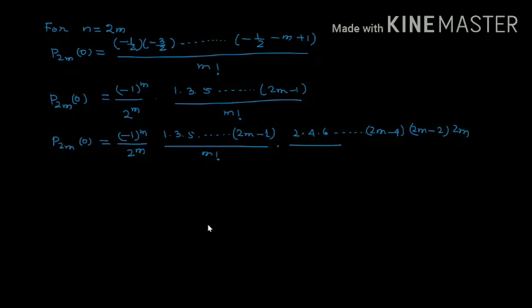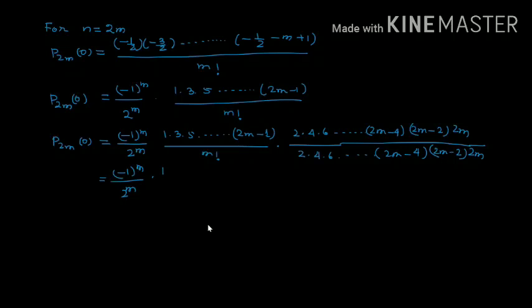We insert it, then divide it: 2 into 4 into 6 into 2m minus 4 into 2m minus 2 into 2m. So this is equal to minus 1 to the power m by 2 to the power m.